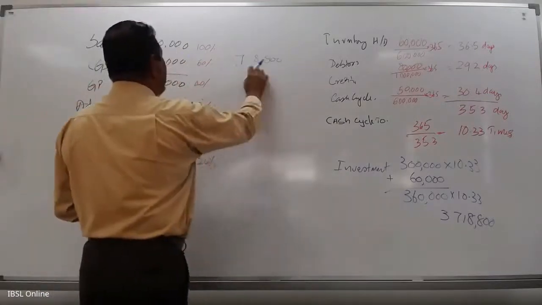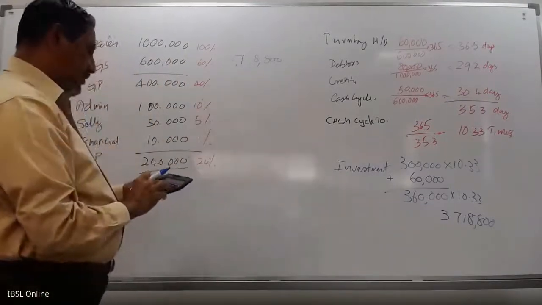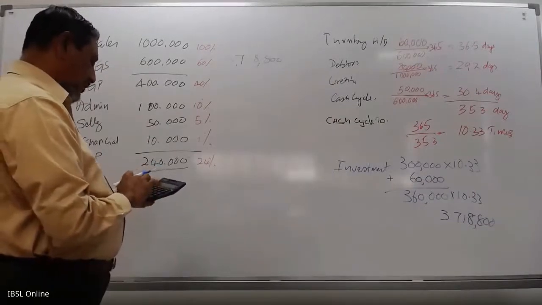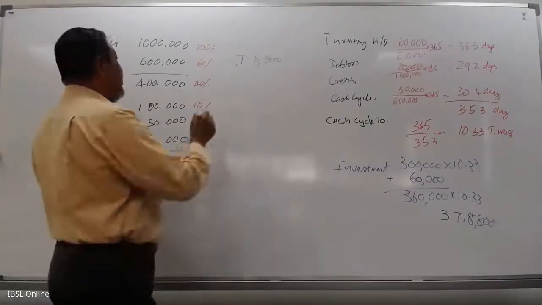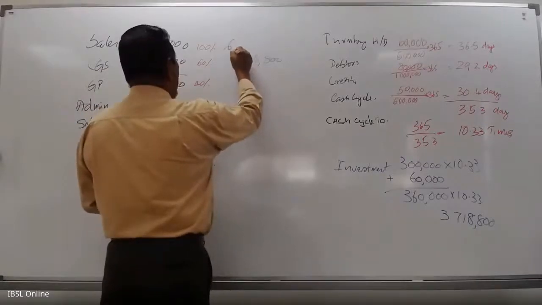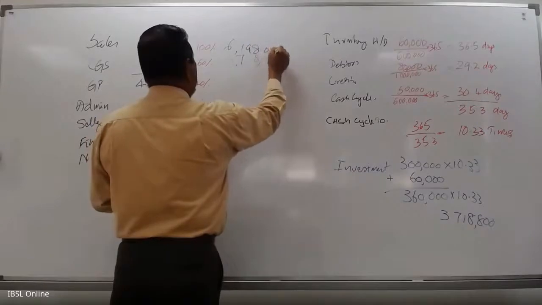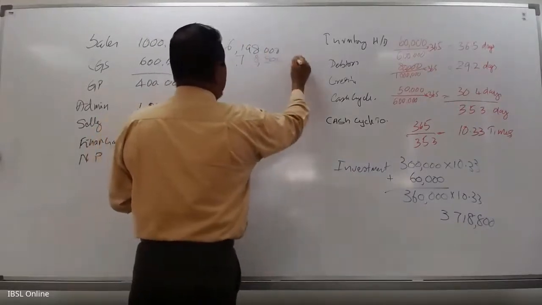Now this is 60, right? This is divided by 60 into 100. Sales will be 6,198,000. This is 60%.